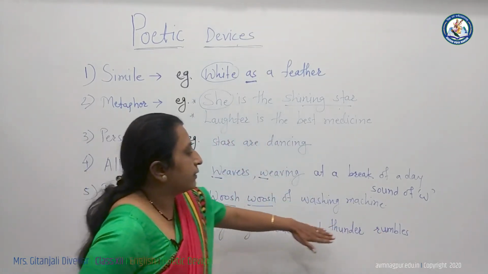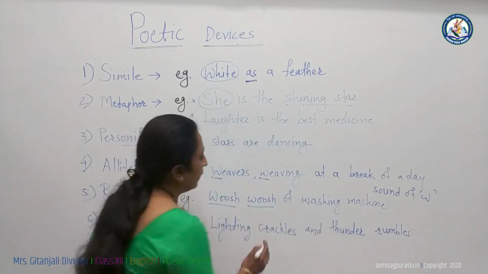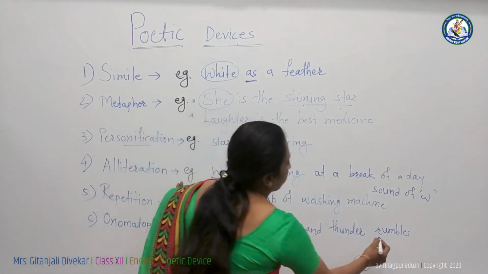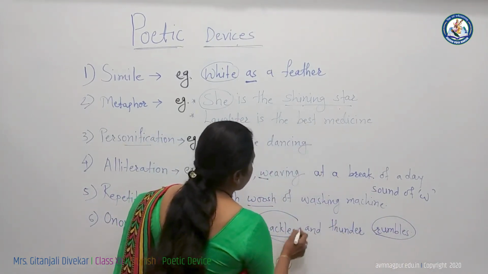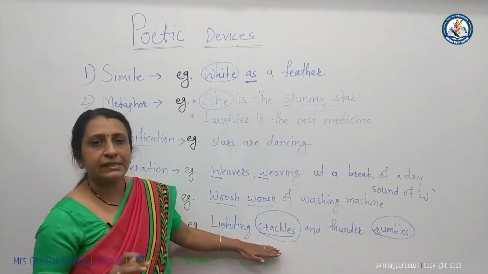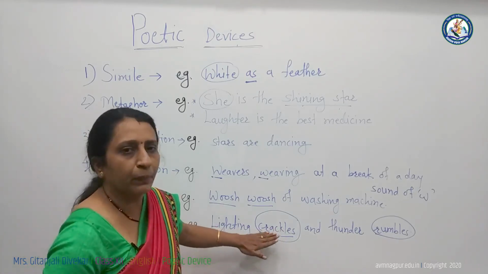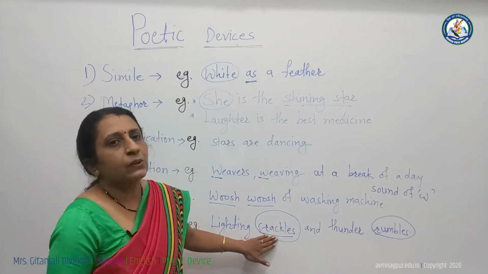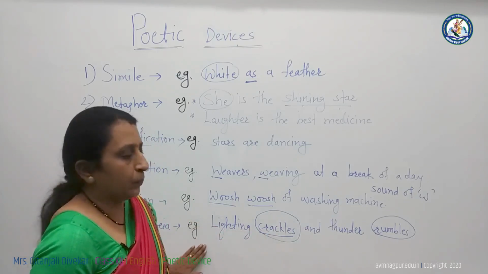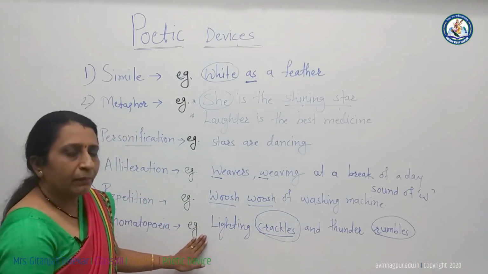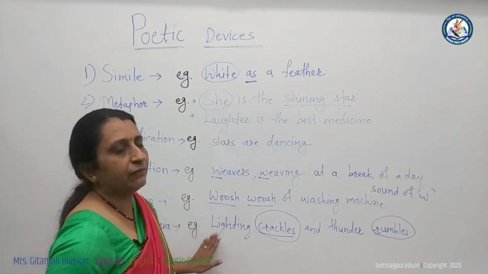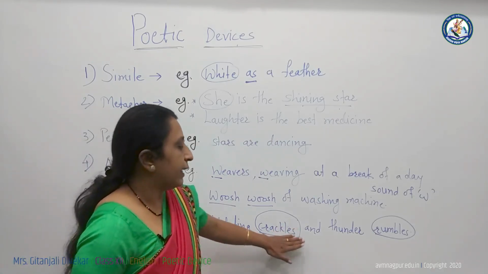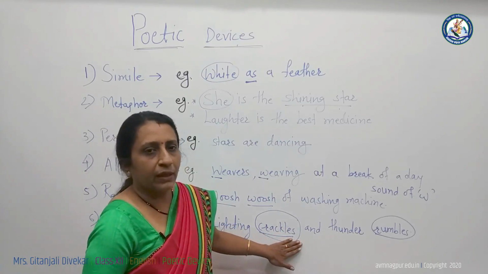You will find that the word crackle or rumble are indicators of sounds. So if the poet uses these types of words in the line of the poem, then they are known as examples of onomatopoeia. Is it clear about onomatopoeia? A sound-indicating word given in the line of the poem is called onomatopoeia.